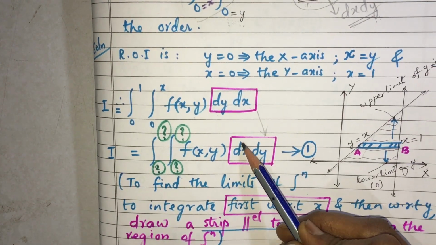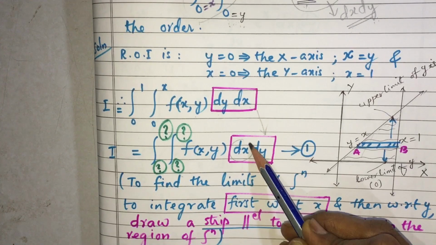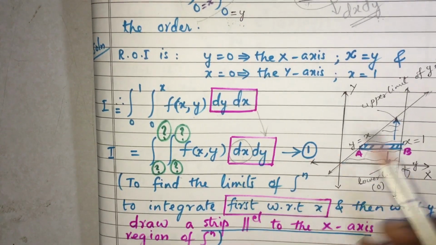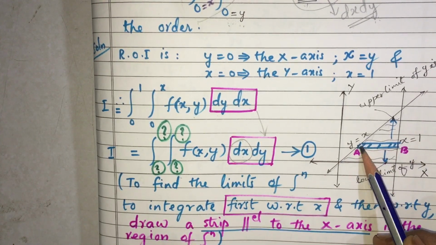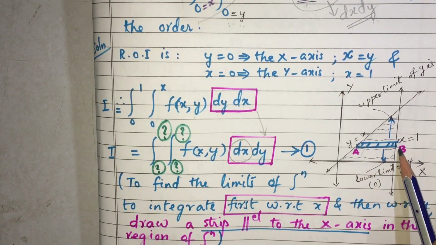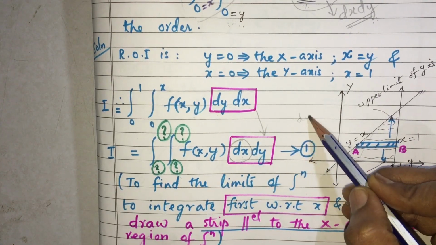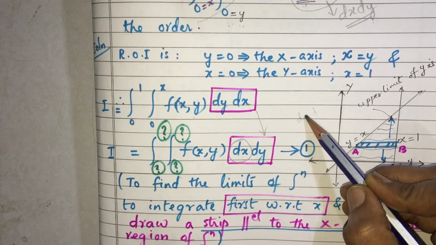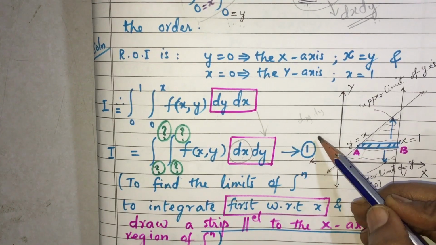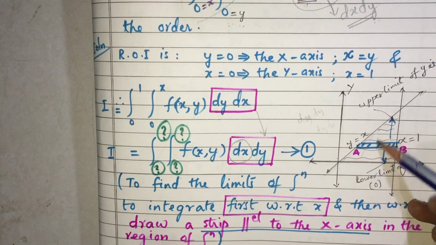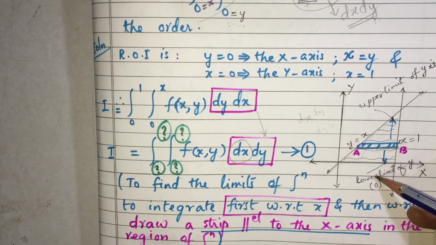When you want to integrate first with respect to x, meaning dx is written here, draw a strip parallel to the x-axis. Suppose the question is dx dy and you are converting that to dy dx. In that case you need to draw a strip parallel to the y-axis.